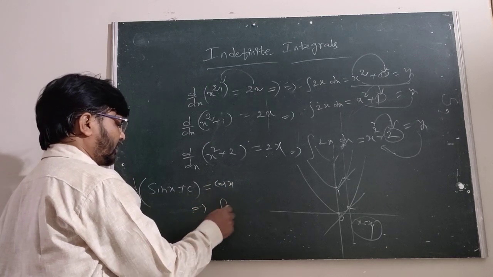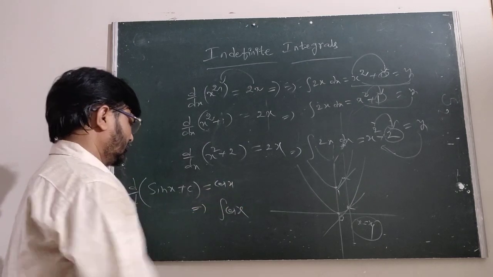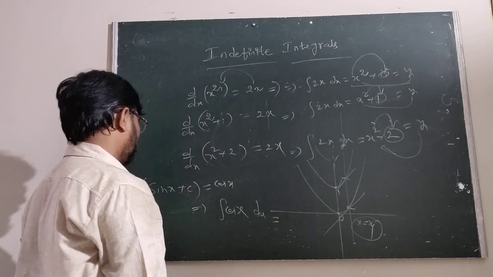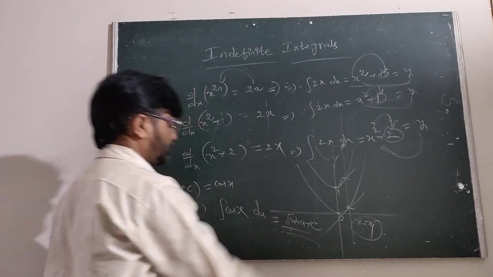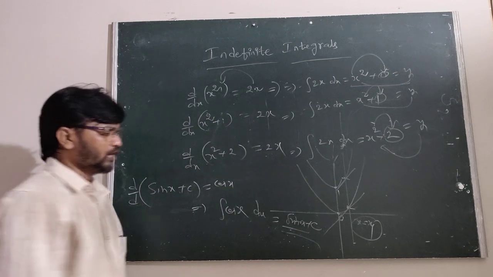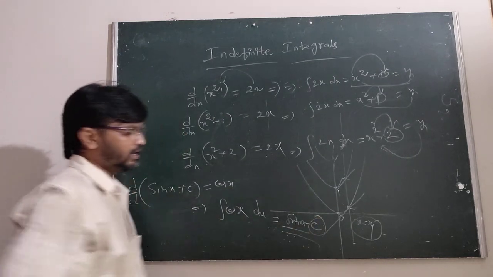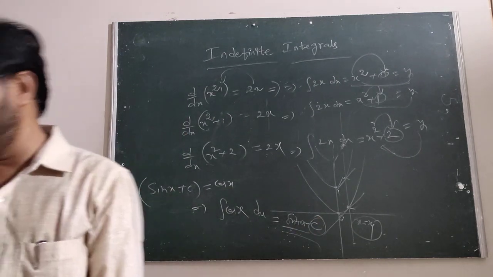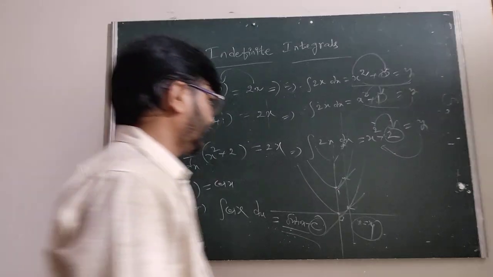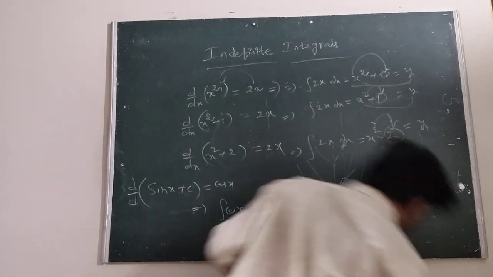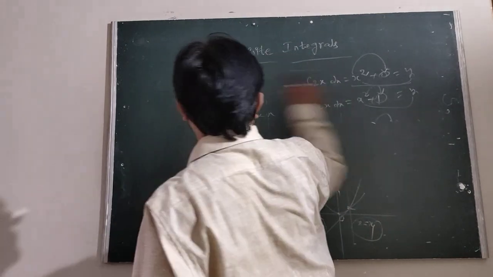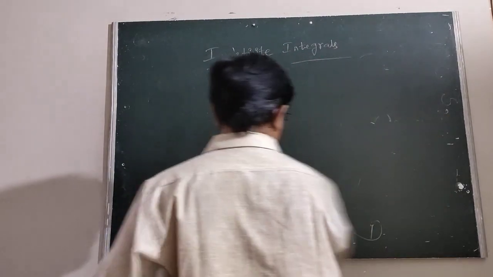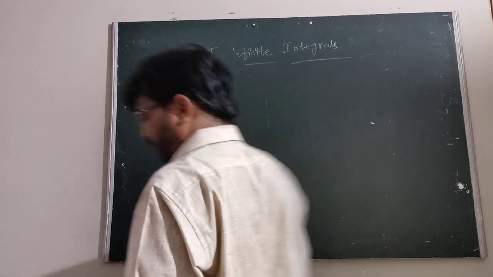Then the integral of cos x dx we can write simply sin x plus c, where c is the constant of the integral. Therefore, now we are going to discuss some standard integrals.